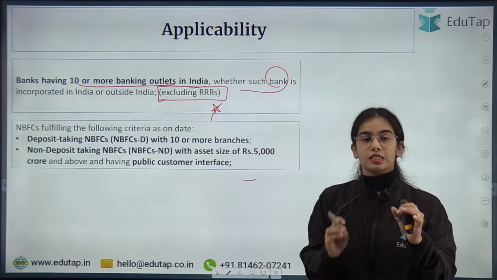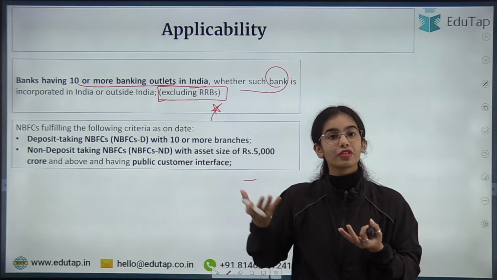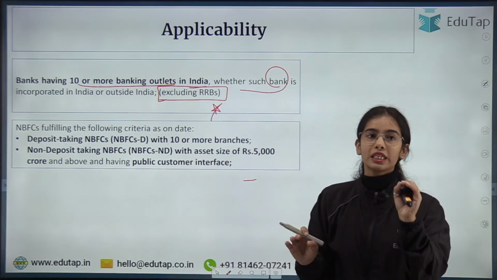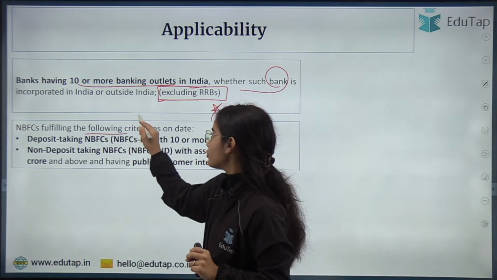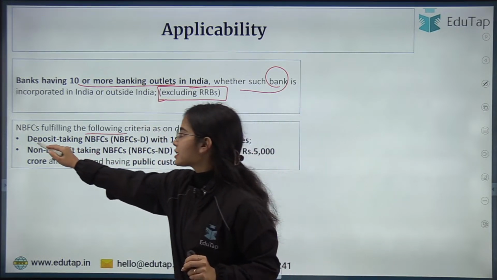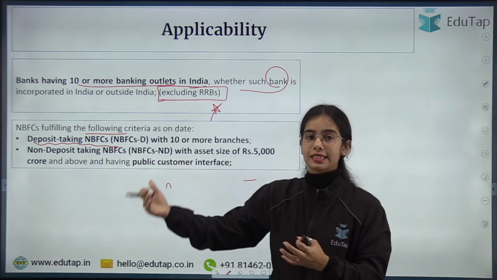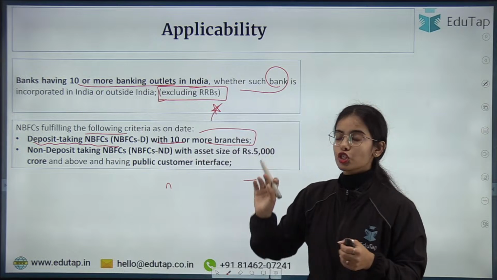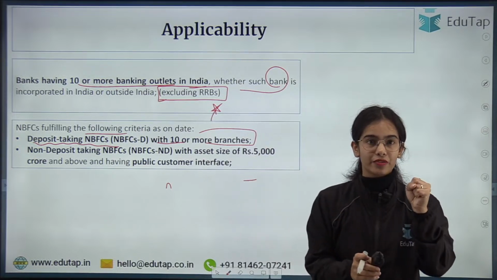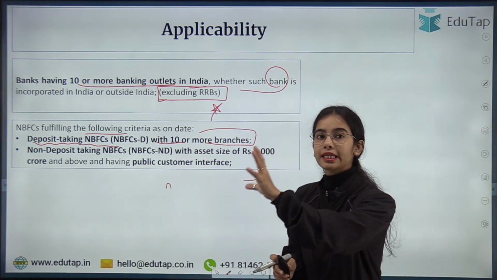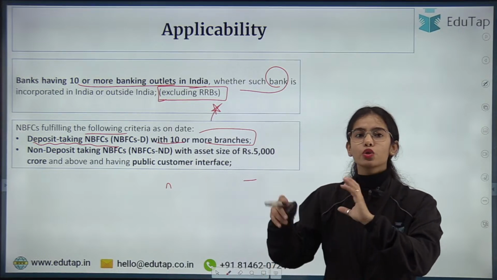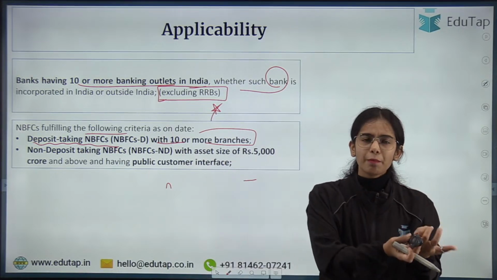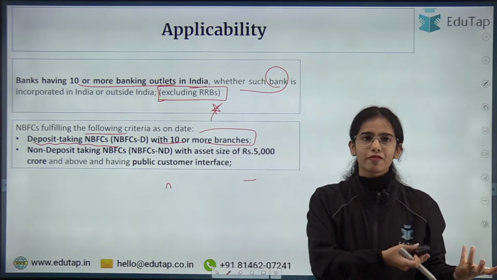Now NBFCs: do all the NBFCs need to have the internal ombudsman? No, only the NBFCs that fulfil the following criteria. That is, deposit taking NBFCs taking deposits from the public with 10 or more branches. You can understand that deposit taking NBFCs are connected with the public, taking the deposits of the public, so the public must have some complaints against the NBFC that the NBFC has to resolve.